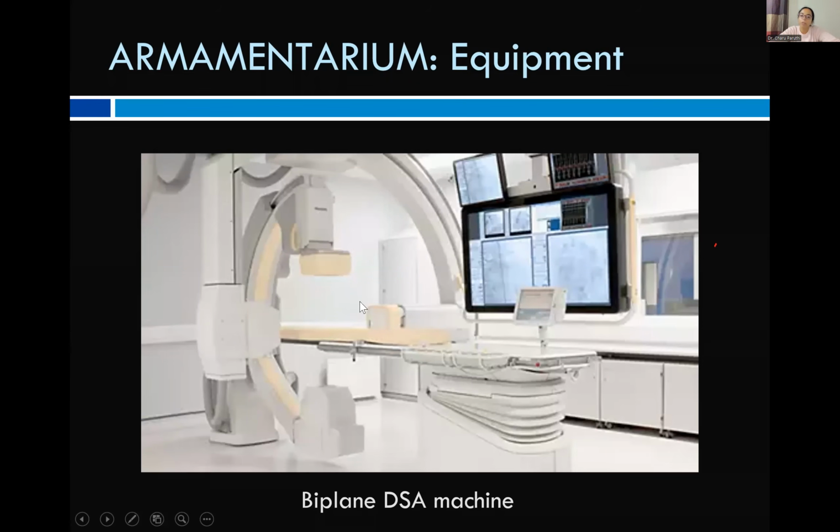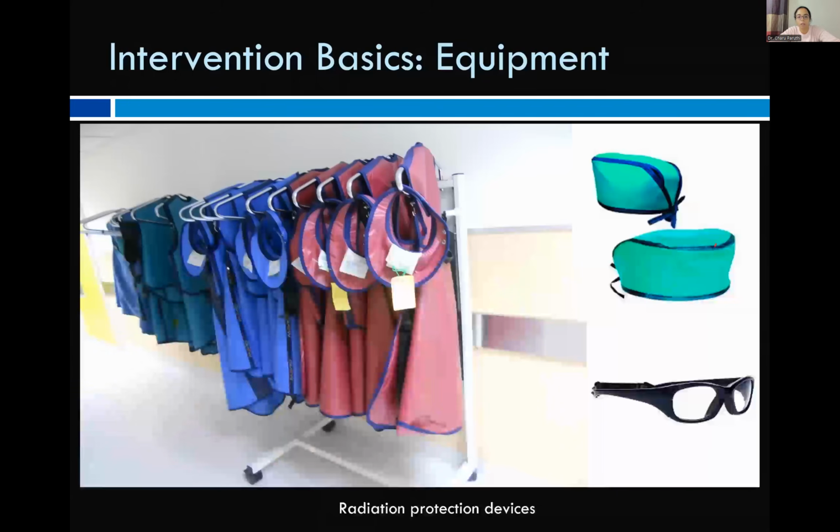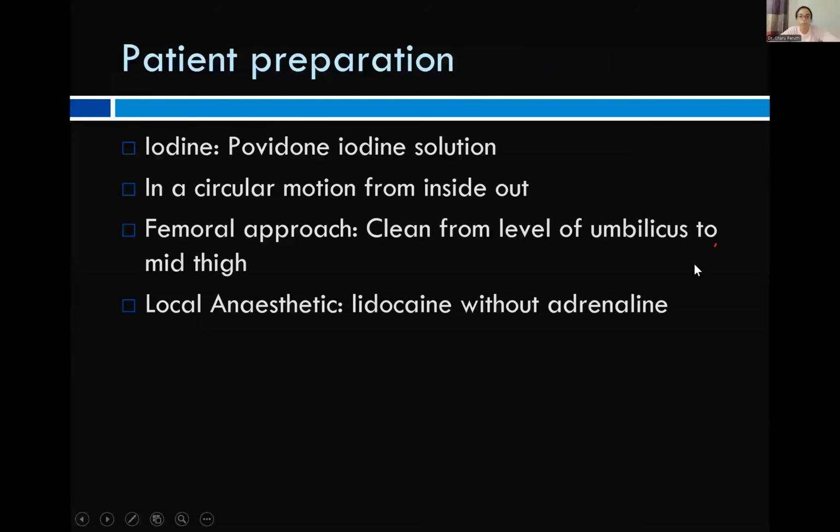So a biplane machine is usually used for neurological procedures, and a single plane machine is used for peripheral procedures. Then we have the radiation protection devices, which I'm sure will be discussed in detail later. But basically, these include the lead gowns, thyroid shields, the radioprotective goggles, and lead caps, which are very essential.